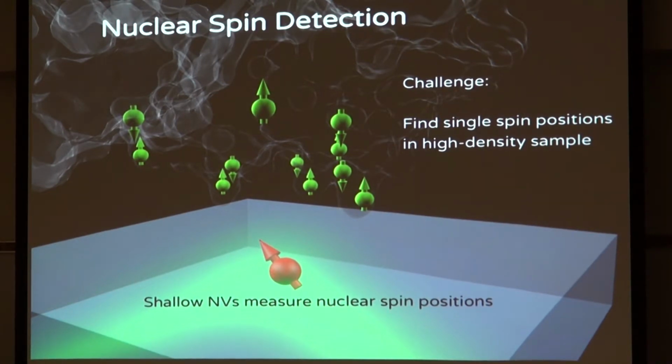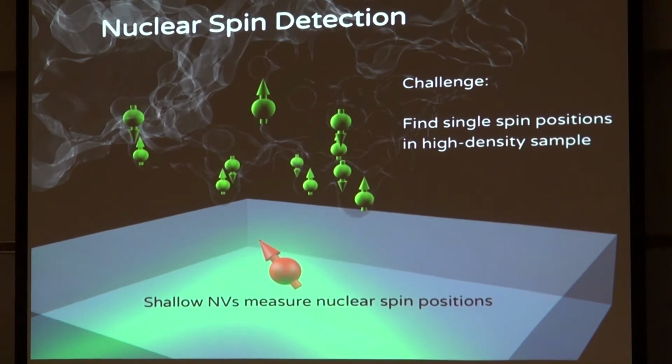The distance between nuclear spins is on the order of angstroms. So what you would like to do is measure a very tiny signal coming from a single nuclear spin in the background of many other signals coming from all the other nuclear spins. Because if you want to reconstruct the position, you really need to be able to distinguish signal from individual spins. So how can we do that?